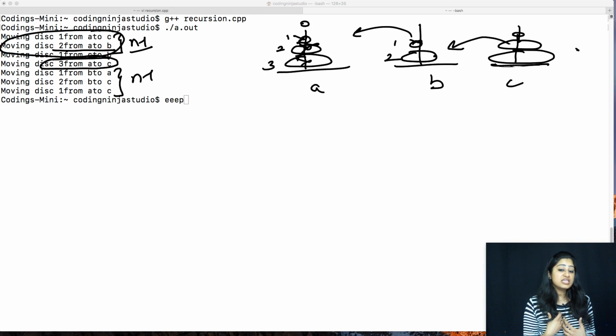So for me as a developer, it is way easier to think of writing code this way. Comparatively, if I have to write an iterative approach, it will take me a lot more time. So it is easier for me to visualize things recursively, assume that the n minus 1 job will be done, and I just have to perform one simple step. That way it is quite easy for us.